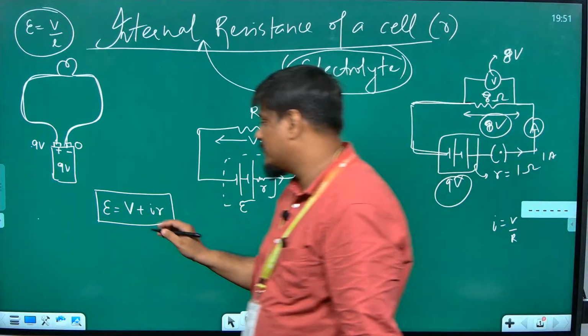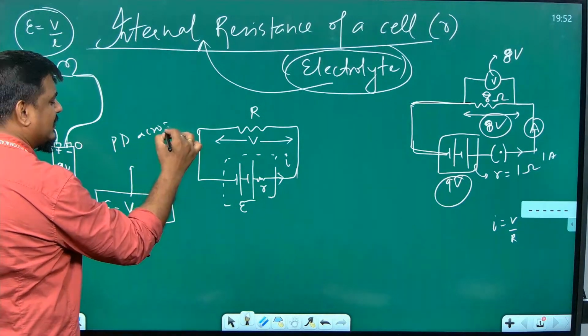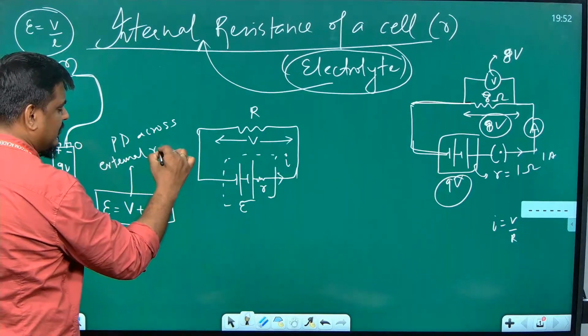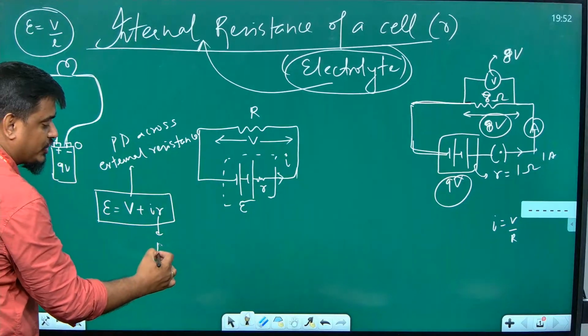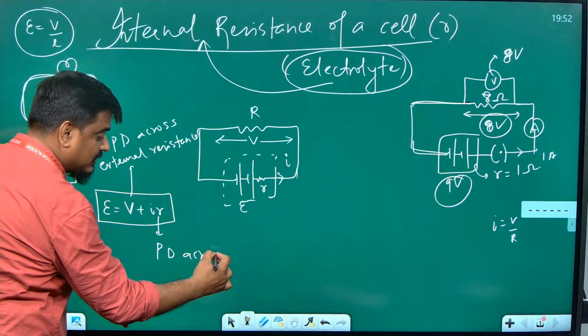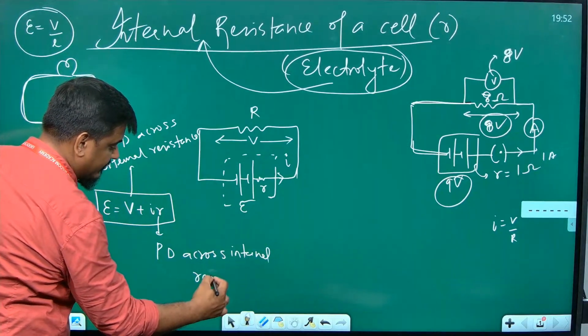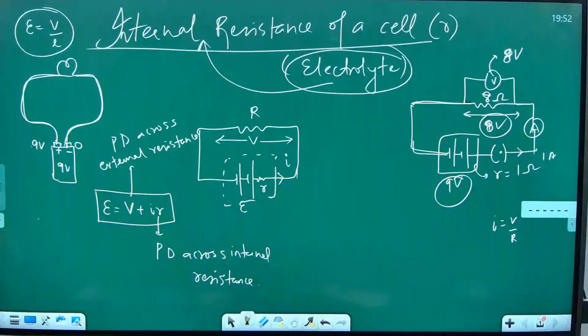Am I right? Now, if we rearrange the terms, I can write V is equal to E minus Ir.